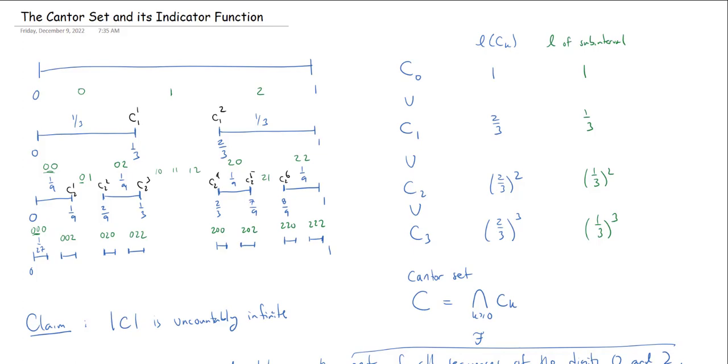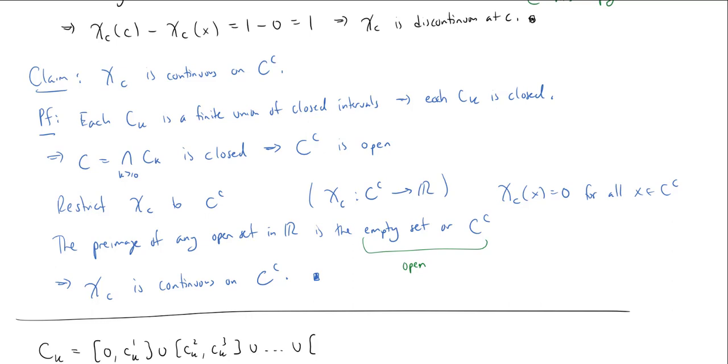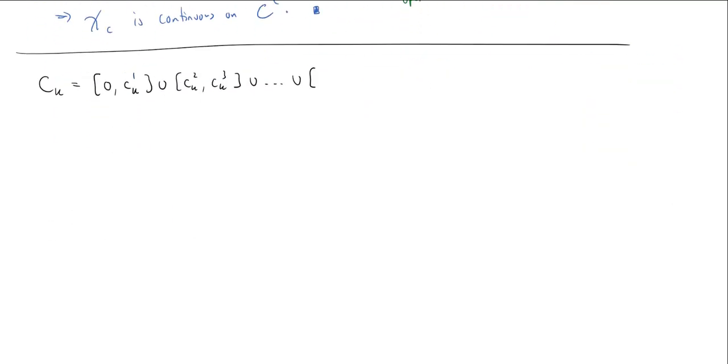So the total number of endpoints for C_k will be 2 to the k plus 1, but then I eliminate 0 and 1 on the end, so I subtract 2. It doesn't really matter here, I just want to get it precise. Okay, and then the very last one here is a 1. So that's what my C_k is going to be.